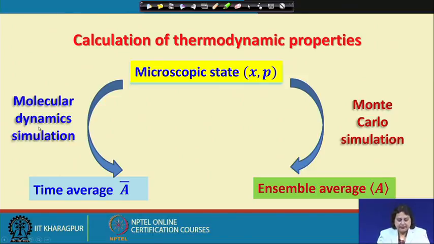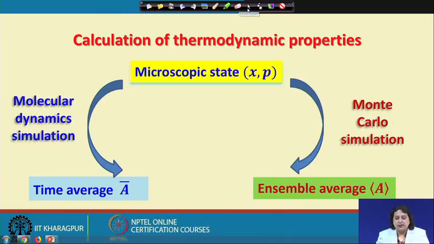And as I have already said, for ergodic systems, these two averages are equal to each other. But there are systems which are non-ergodic, and in that case the time average is not going to be equal to the ensemble average.